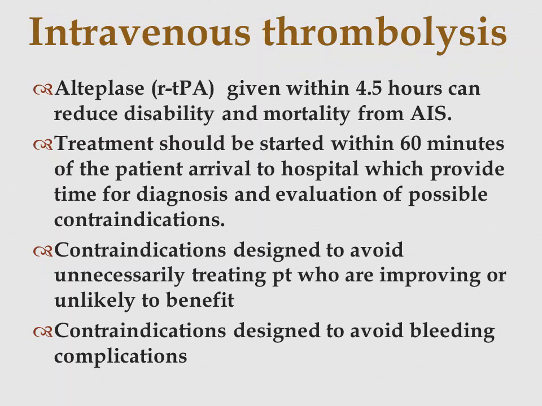So a patient who sleeps the night and wakes with a deficit is contraindicated to give tPA. Treatment should be started within 60 minutes of the patient's arrival to hospital, which provides time for diagnosis and evaluation of possible contraindications.